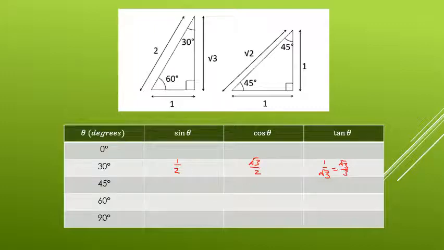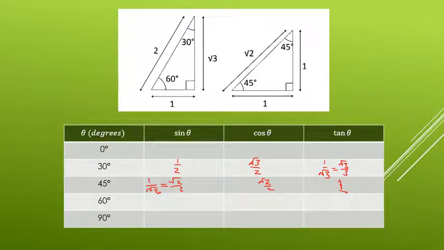At 45 degrees we found that this was root 2 on 2, having started off with 1 on root 2, and we can rationalise that. Cos of 45 was also root 2 on 2, and tan of 45 degrees is equal to 1.